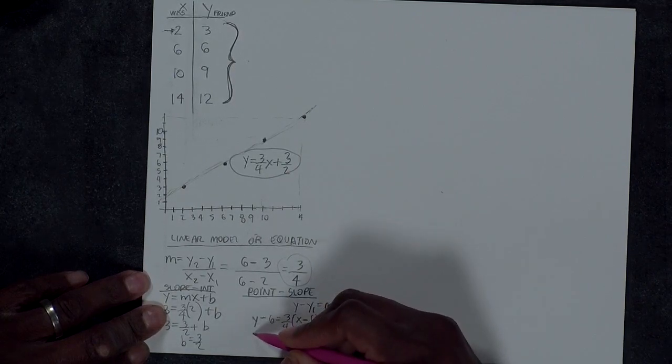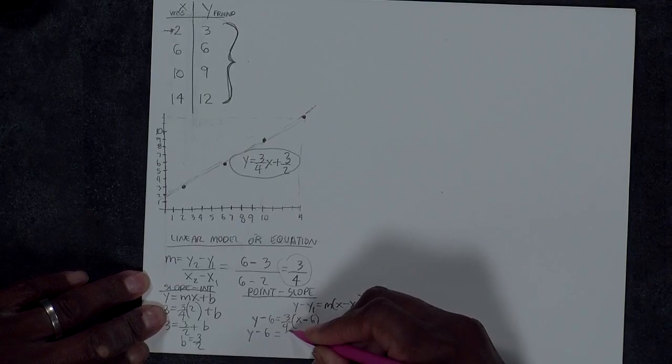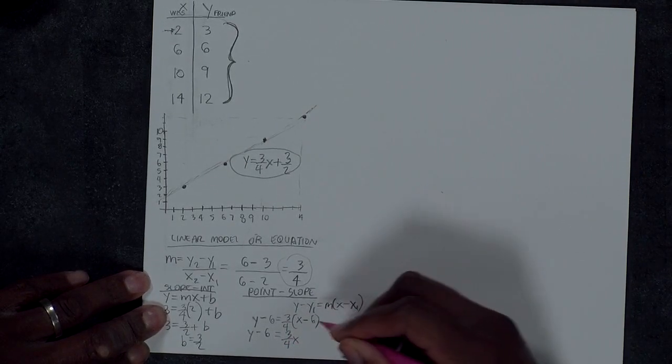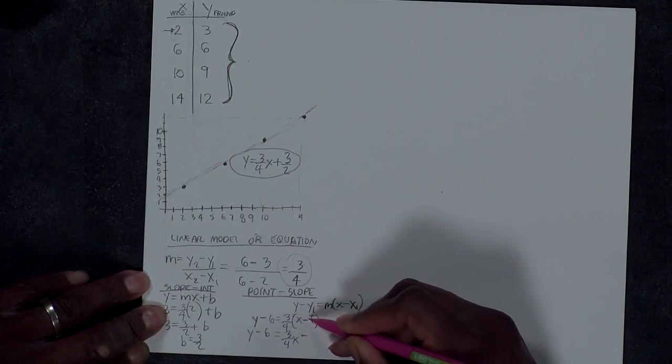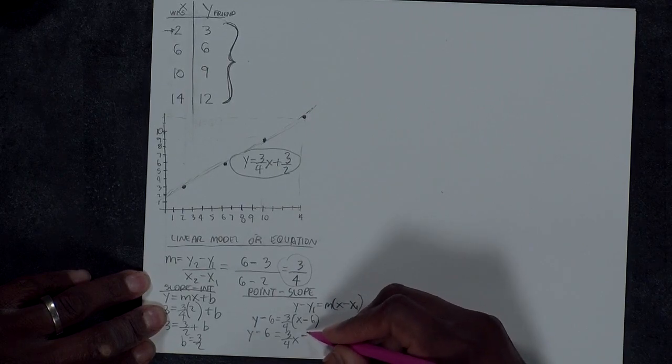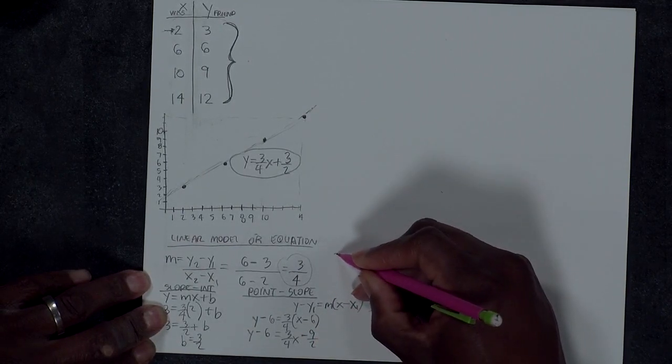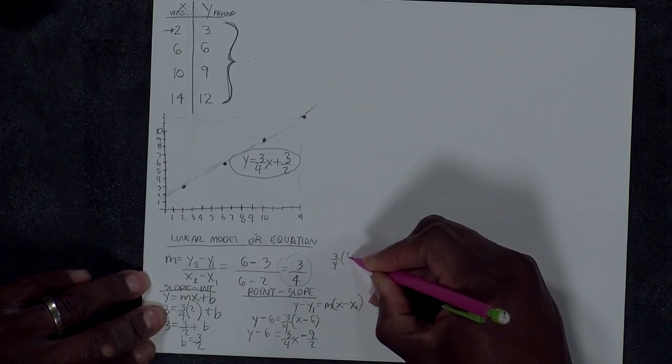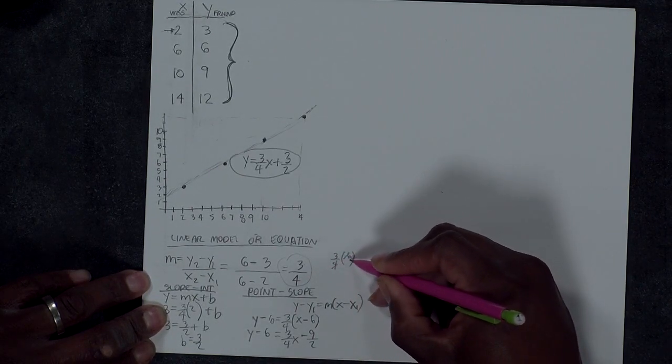And you just simplify this to be y minus 6 is equal to 3/4 x minus 3/4 times 6, which would be 9/2.